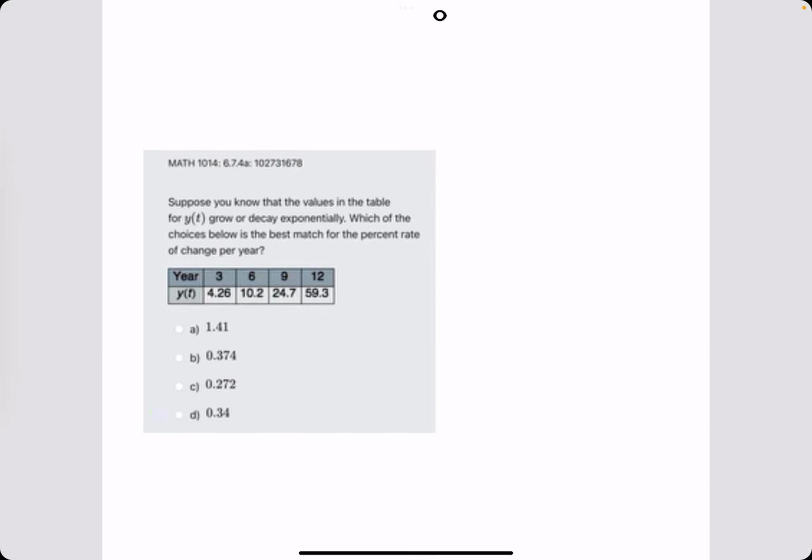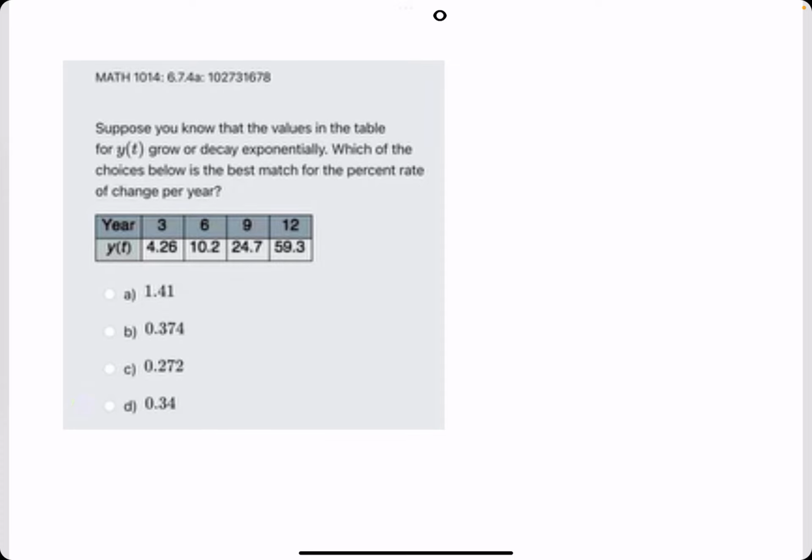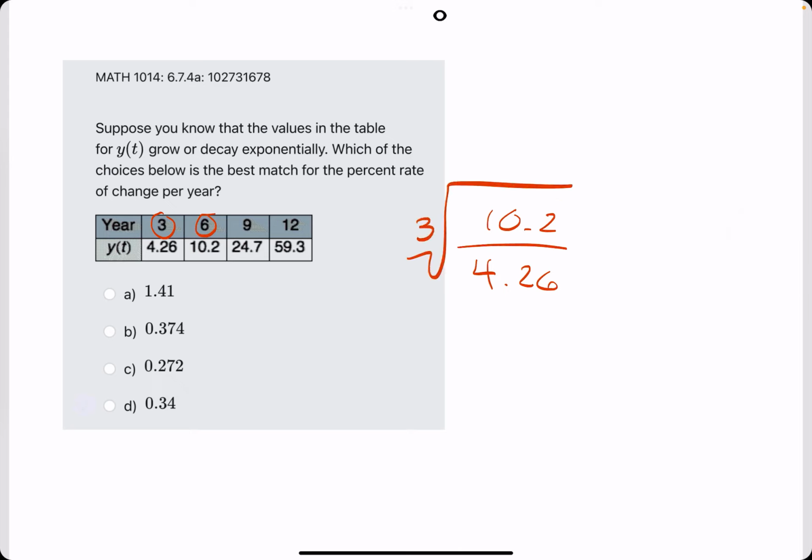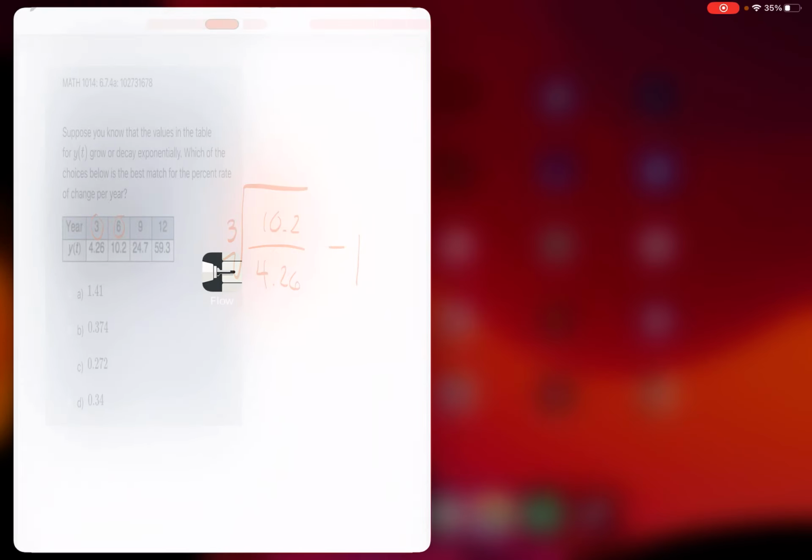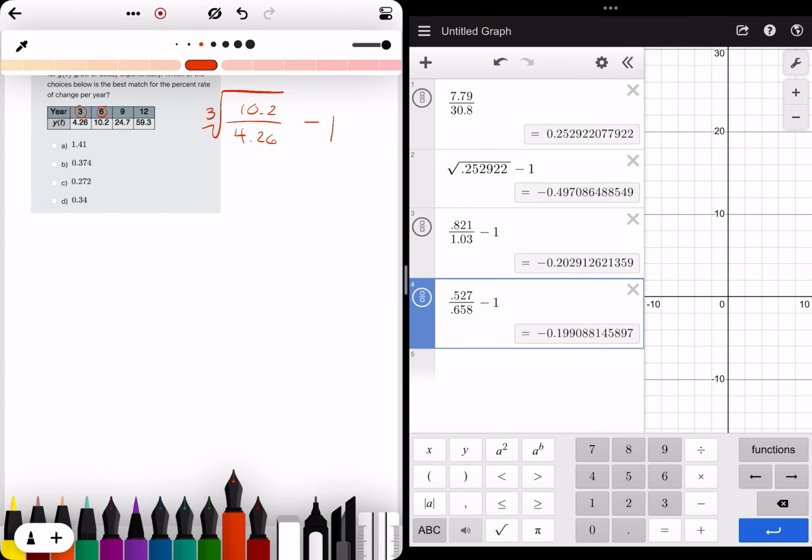Let's do one more example, which hopefully will be a little bit stronger here. We take this divided by this, so 10.2 divided by 4.26. Here, 3 and 6 are 3 apart, which means we take the cube root. And then we're going to subtract 1. So I'm just going to do this all in one fell swoop in decimals.